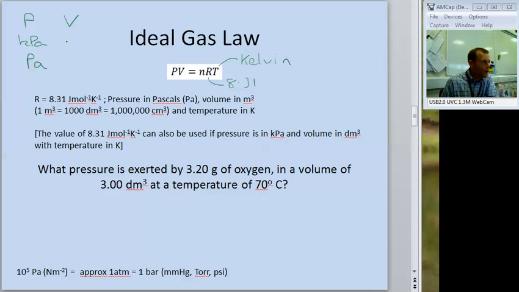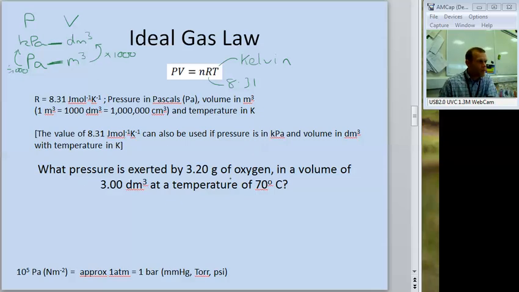If we're using kilopascals for the pressure, then we need to use decimeters cubed for the volume. If we're using pascals for the pressure, then we work in meters cubed for the volume. Maybe you can see that going from this to this is like multiplying by 1,000. But going from this to this is like dividing by 1,000. This is kind of like a scaling thing. So you either work with this pair or this pair. Just be careful, be consistent.